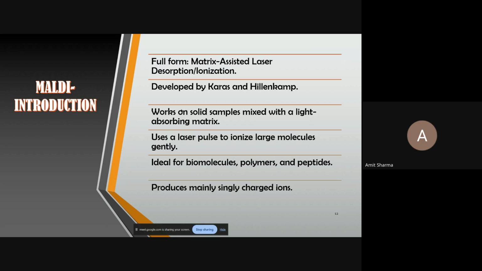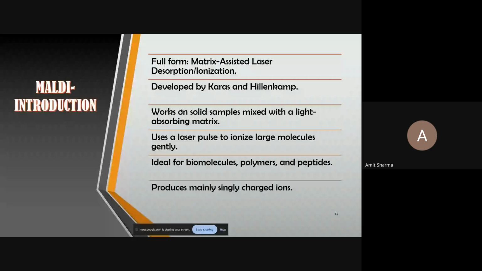So this MALDI is a soft ionization technique. It helps us in analyzing large or fragile molecules. And here we use a matrix compound. This matrix compound absorbs the laser energy, it helps in ionization of the sample, and it does all this without any fragmentation of the sample.